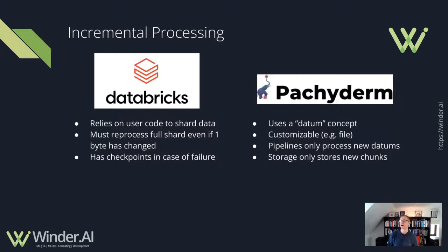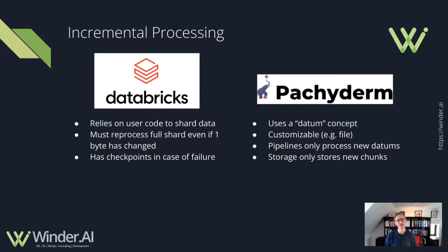Because of that, if by default, you don't specify any sharding, then it must reprocess all of the data, even if only a small amount of that data has changed.